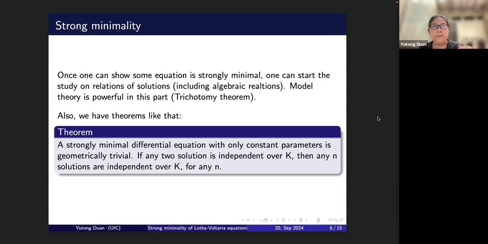First, your definable set is like a field. Second, your definable set is like a group. And third, it's just a set with no structure on it. That means it's really hard to use one solution to find another solution in this kind of set.